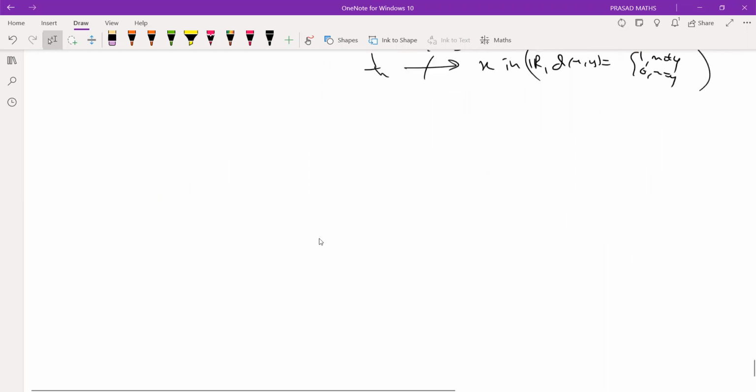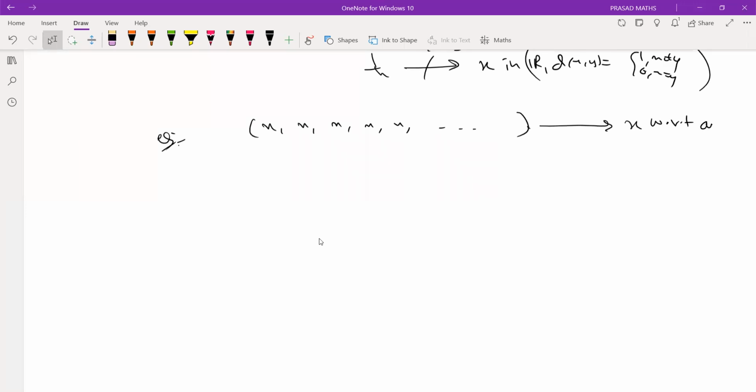Suppose you take a constant sequence. Any constant sequence always converges to x with respect to any metric. Why? Because for my constant sequence, give me any neighborhood around x.